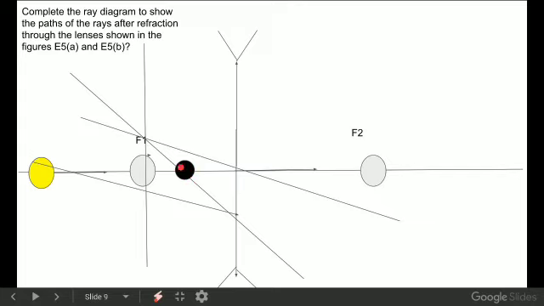We know that to find the position of the image, we need the intersection of any two light rays after refraction. These two light rays, when extended backward, actually intersect here. So the image of this point object will be found here. Okay, I hope that you understood.